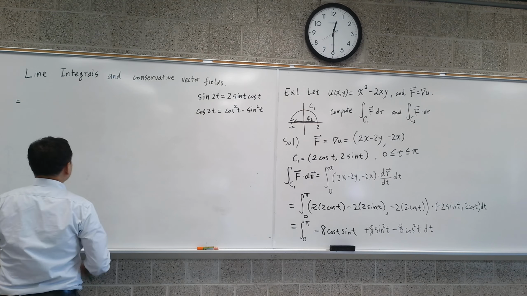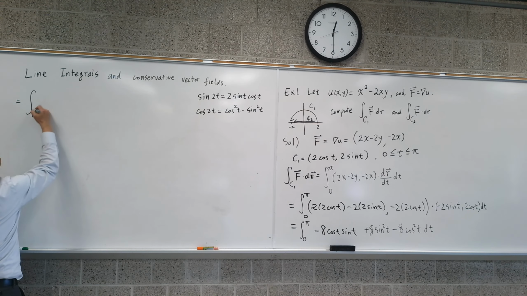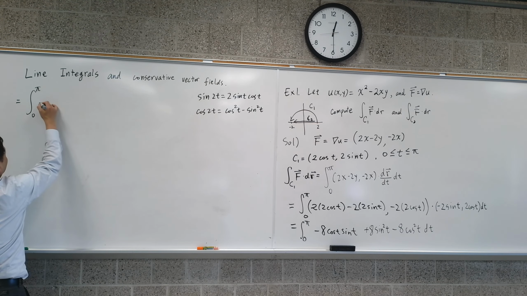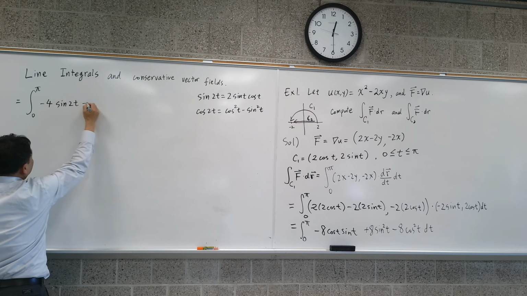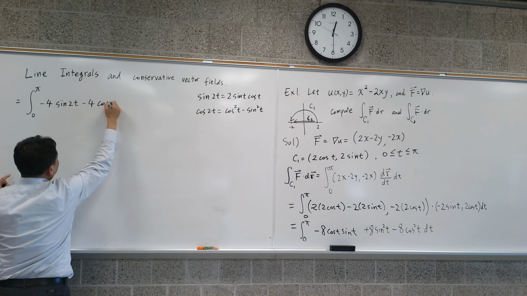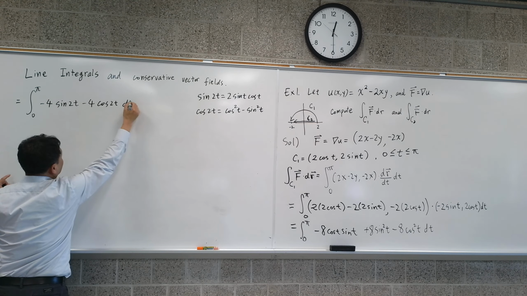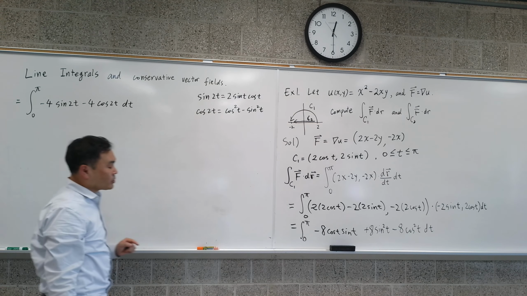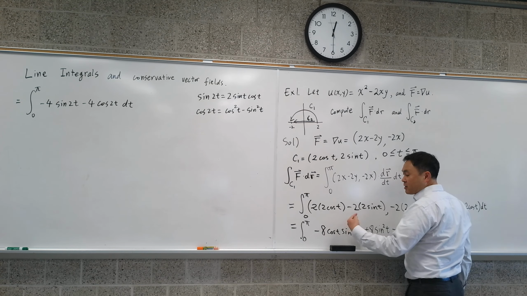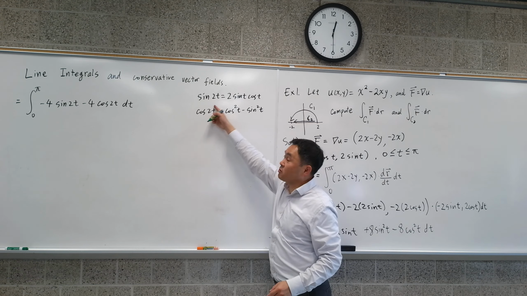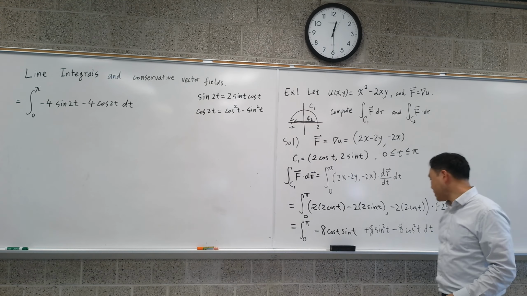All right, if we use that, then we get the integral from 0 to pi of negative 4 sine 2t and minus 4 cosine 2t dt. If we factor the 2 sine t cosine t out, then negative 4 still stays. 2 sine t cosine t is sine 2t, so that's what I get.